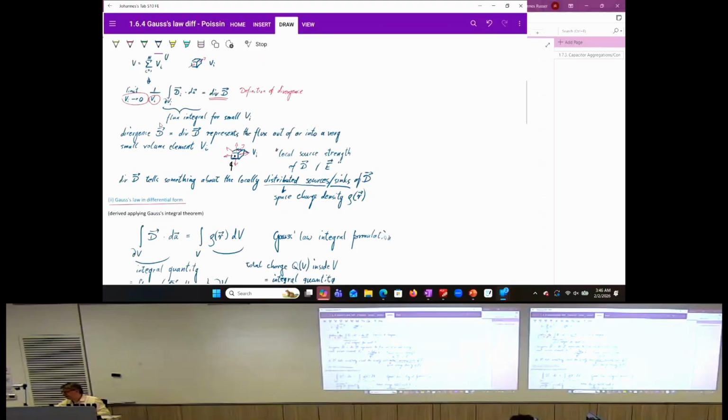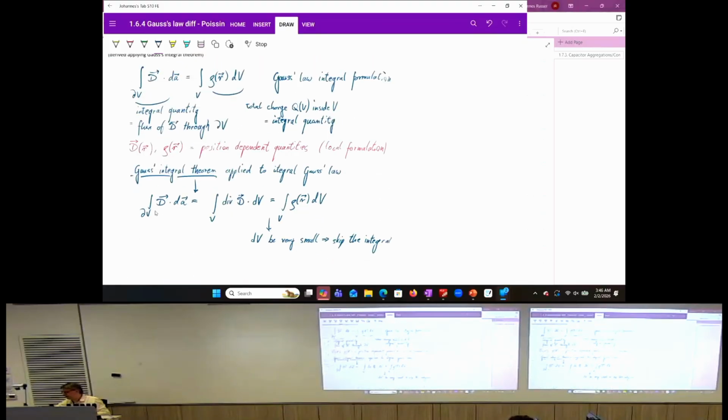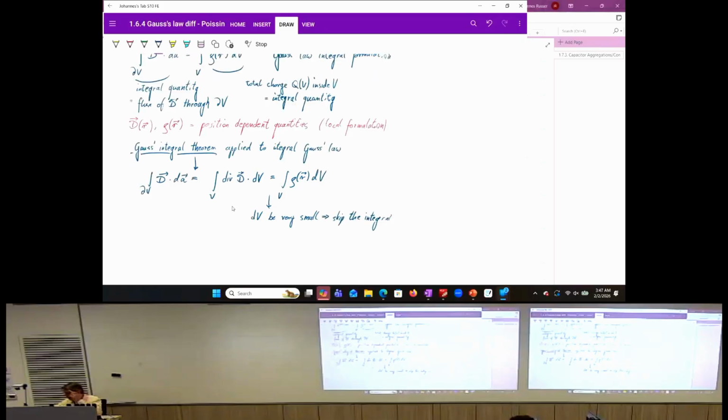So you see, if we want to get the quantity of that flux over the enclosing surface, we can also integrate, instead of just over the enclosing surface, over the entire volume, integrating over the divergence of the displacement field.